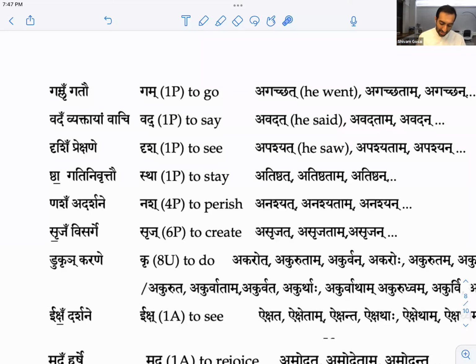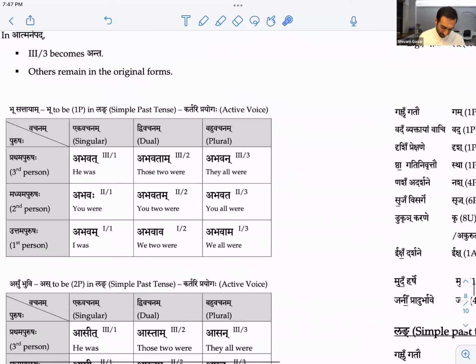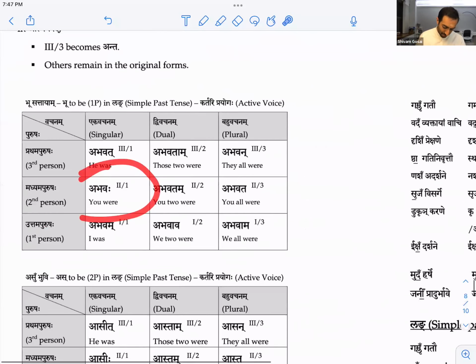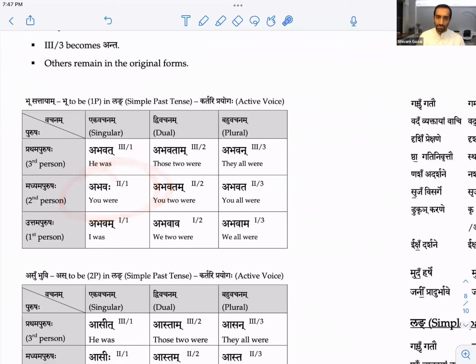Now, let's say I have the verb in the text. Let's say I have avadatam. Oh, sorry, this is dual. So that won't really be helpful. Let's show if we want to do Madhyama Purusha, right?